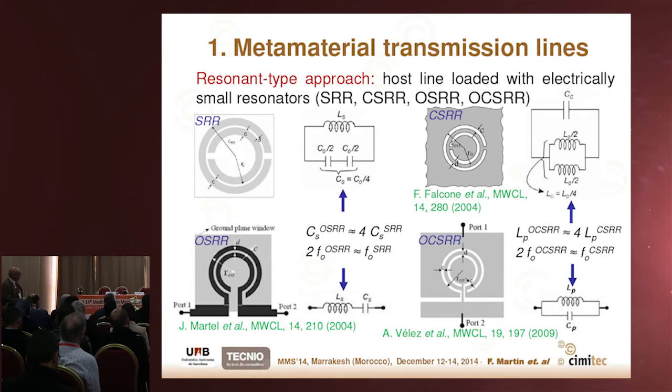And in that case, the ports for excitation are here and here, okay? Again, this resonator is smaller than this one, again by a factor of 2. And the reason in that case is that the inductance is 4 times larger than the inductance of this particle. The model in both cases of the open particles is a series resonator and a parallel resonator, but an open resonator, okay?